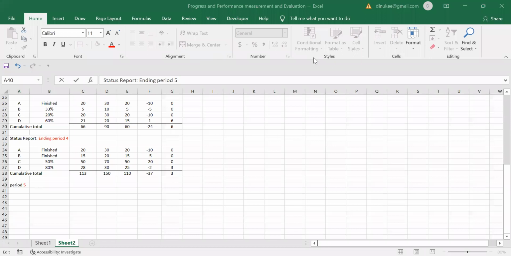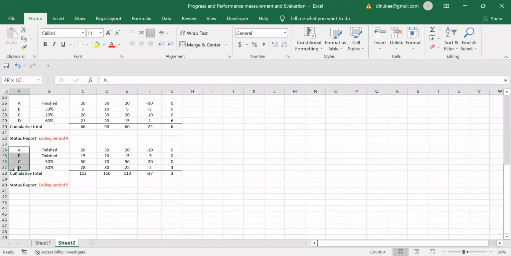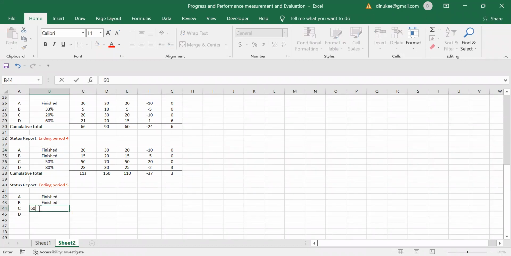For the ending period 5, the same activities are there. The finished one is the same here. And now it is 60%, and for the D, it's 80% now, right?